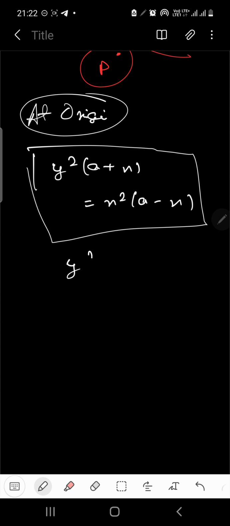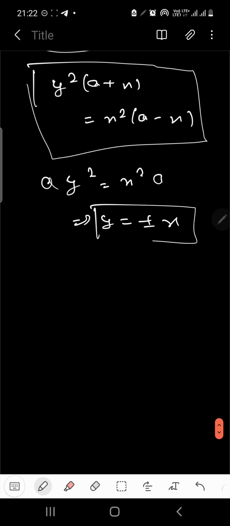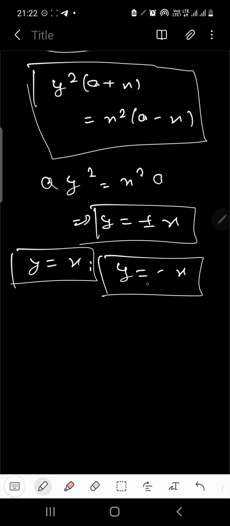So you get y square times a equals x square times a, which gives y equals plus minus x. So at origin you have two different tangents, y equals x being one tangent and y equals minus x being the other. Two tangents indicate that you have a node at the origin. If you get one single tangent, then that would mean you have a cusp at the origin. I guess I am clear.